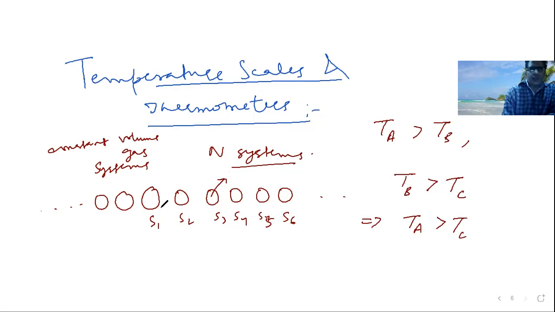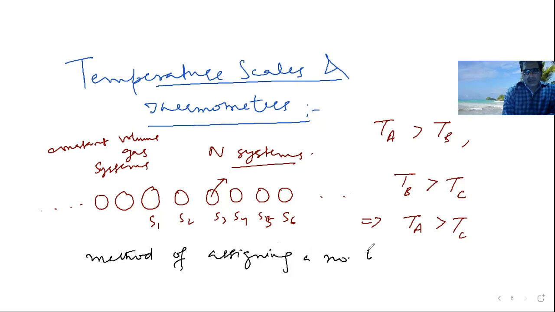The question is, we want to define a temperature scale in such a way that temperature scale means I want a method of assigning a number to these systems, so that greater number means greater temperature.